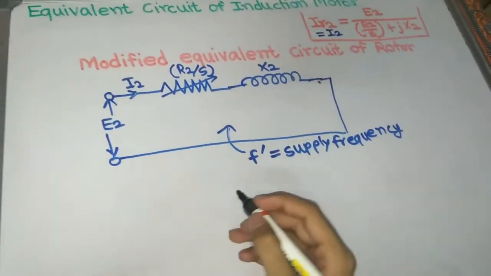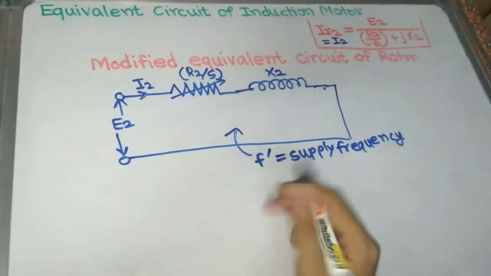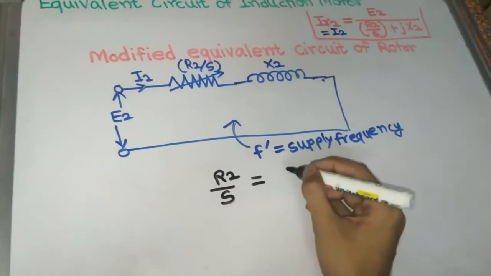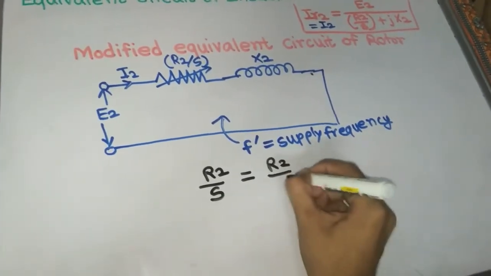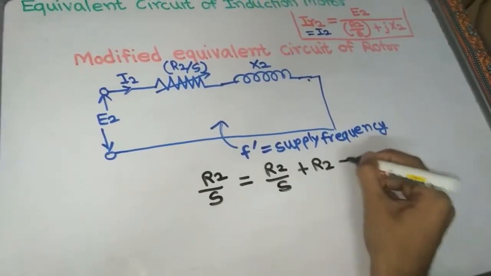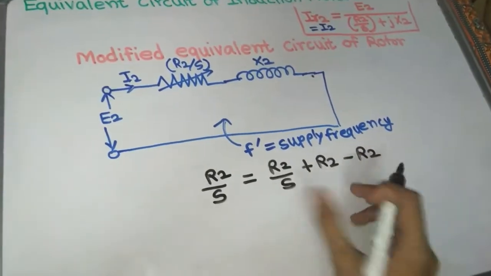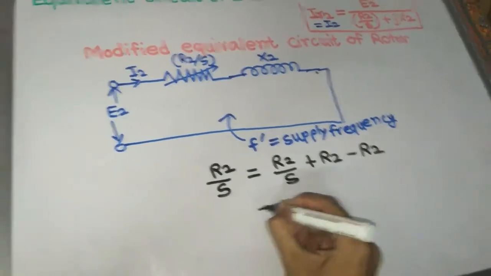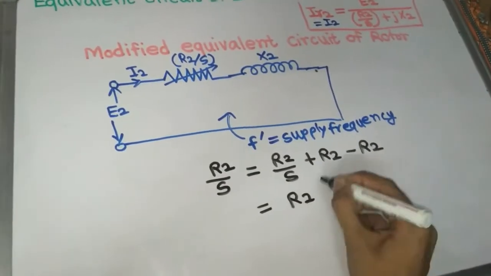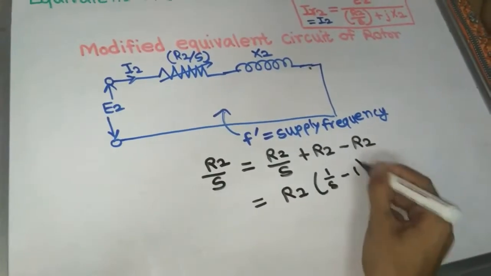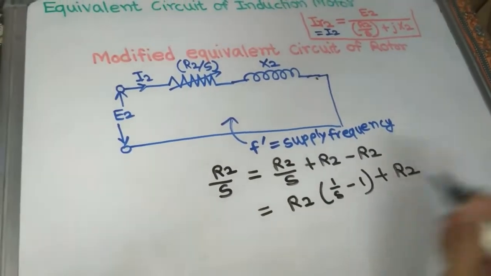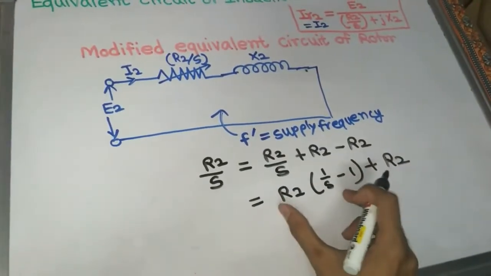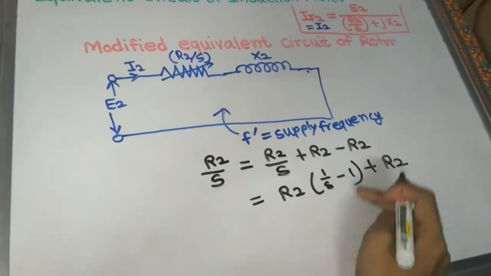Now we can also modify that modified equivalent circuit of rotor by making this arrangement: R2 by S is equal to R2 by S plus R2 minus R2. By making this arrangement, which is equal to R2 by S, we can get R2 in bracket 1 by S minus 1 plus R2. This is the rotor resistance per phase which is constant, and this rotor resistance depends on the value of slip.